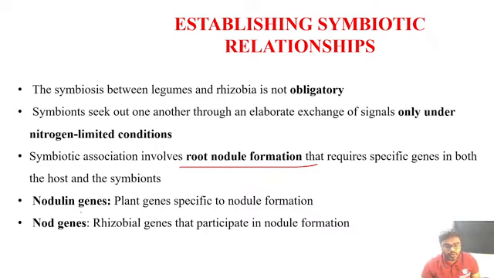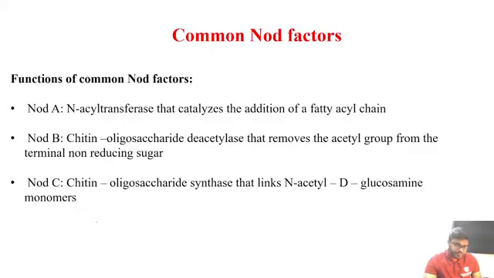We can also call the nod genes what, friends? Nod factors. And what's the common point? Both nodulin genes and nod genes are involved in root nodule formation. But we read that nodulin genes are exclusively present in the plant, and nod genes or nod factors are exclusively present in the bacteria.